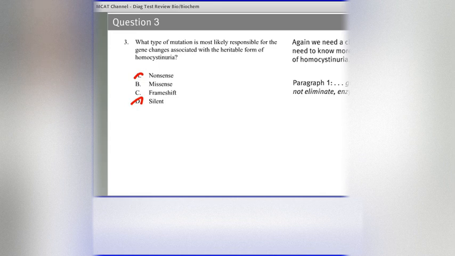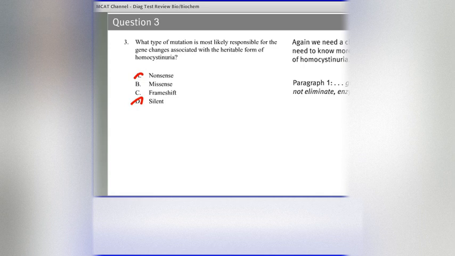Nonsense, missense, and silent are called point mutations. Frame shift is a brand new subcategory that could end up giving you nonsense or missense or potentially silent. So frame shift is not a mutation, it's a category of mutations.